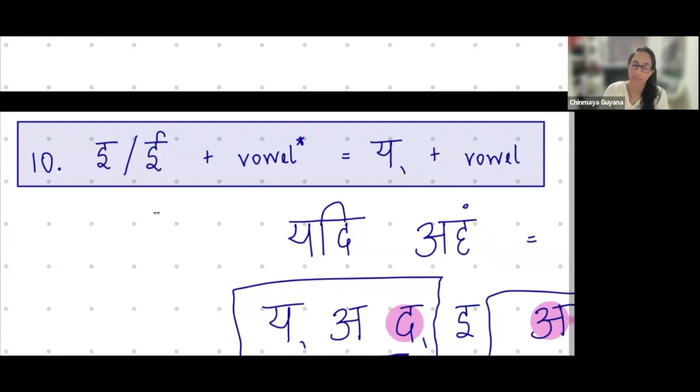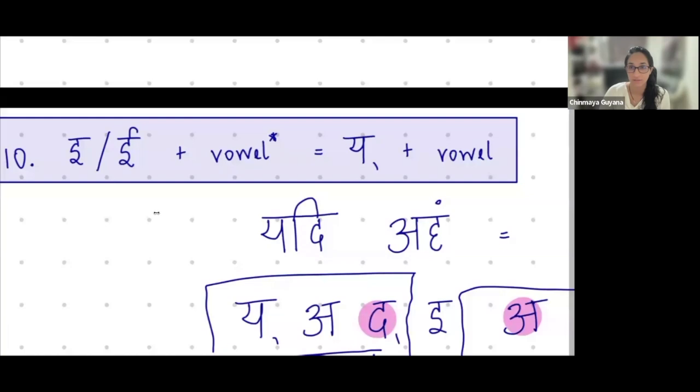Why have I put an asterisk on vowel? Does this apply to every single vowel? No. There's 2 vowels it doesn't apply to. What are those 2 vowels? The i and the ee have their own rule, right? If you have i or ee meeting i or ee, it becomes ee.